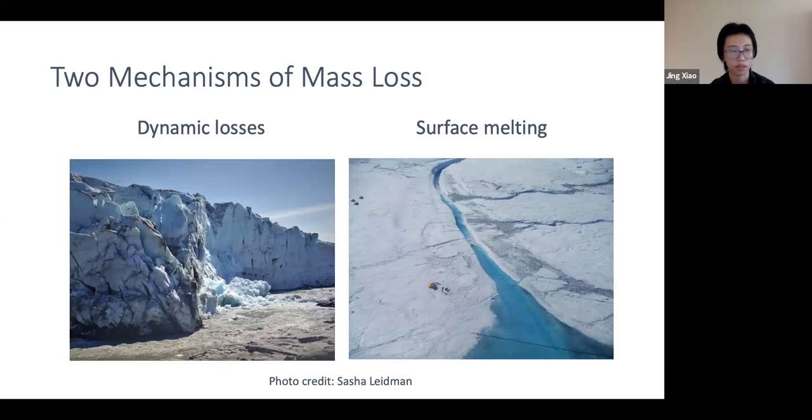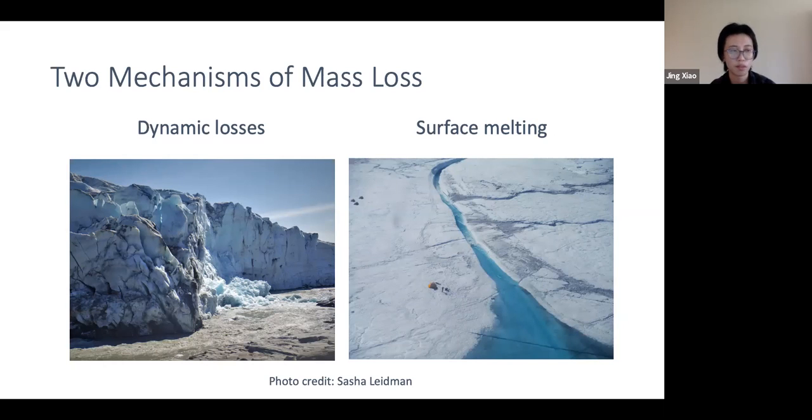Before about 2006, the majority of the ice loss in Greenland happened in the form of dynamic losses such as iceberg calving. But in recent years, surface mass balance processes have gradually taken a more important role, and could contribute as much as half of the total mass loss.